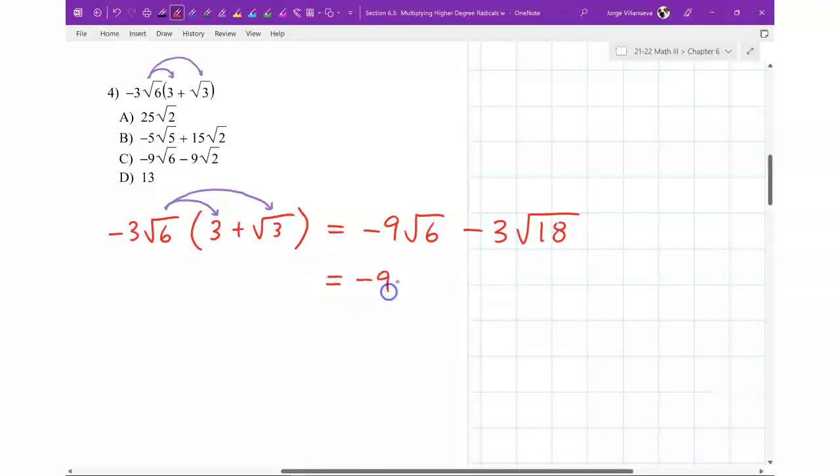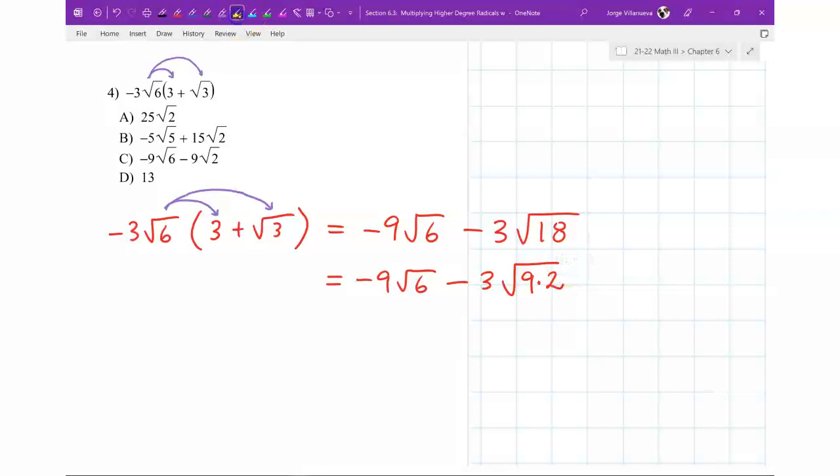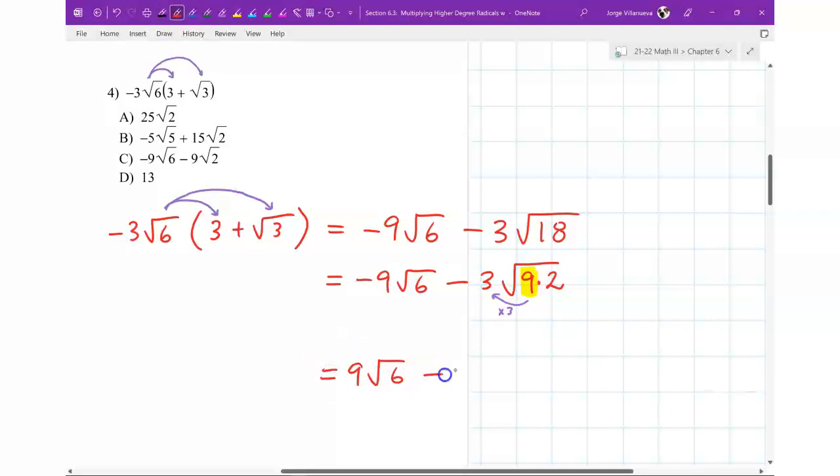So that's negative 9 square root of 6 minus 3 times 9 times 2. We just did that. This 9 is going to go out, and it's going to make us multiply times 3 when it goes out. So negative 9 radical 6 minus 9 radical 2.